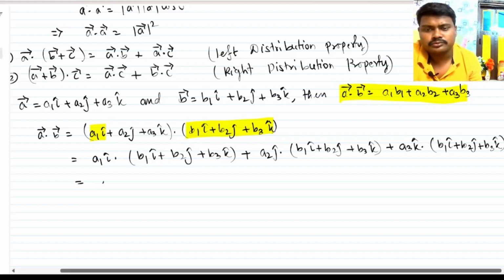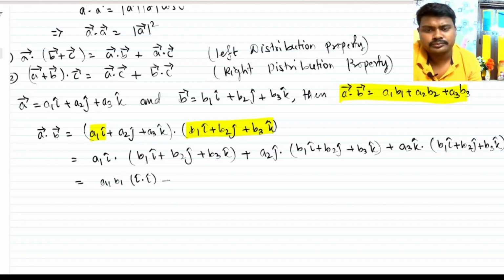It is equal to a1 b1 I cap dot I cap. Here a1 b1 is a normal scalar multiplication.